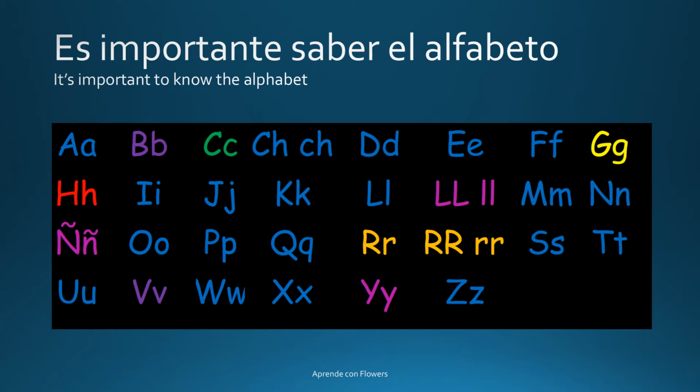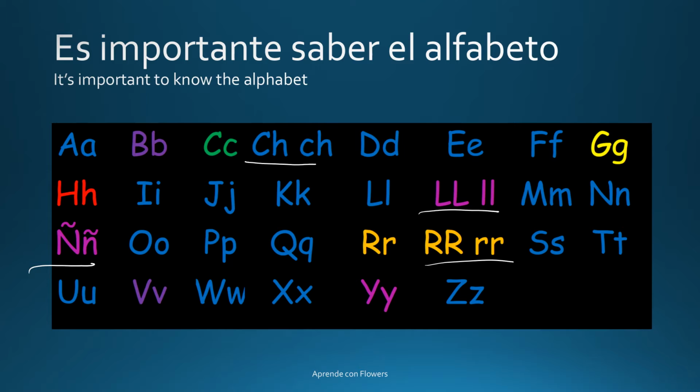You can see here that we have more letters than there are in the English alphabet. We have che, elle, ñ, and doble R. Those letters really help you with pronunciation, and the more you master the alphabet, the more you'll be able to pronounce the words properly.